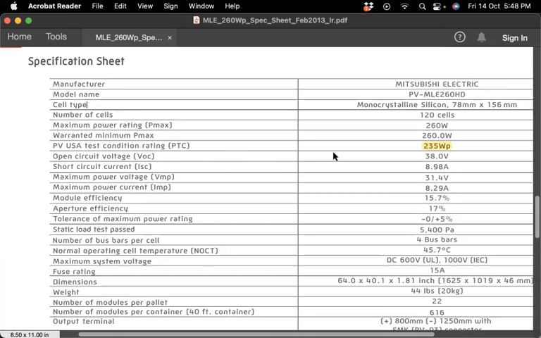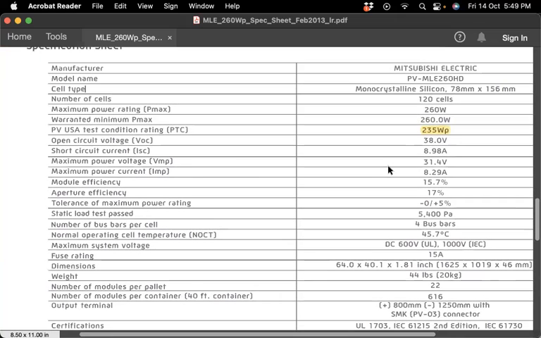Then we have some basic parameters: the open circuit voltage, which is 38 volts, the short circuit current, which is 8.98 amperes, and the maximum power voltage. Again, I think you now understand the difference between the VOC and VMP.